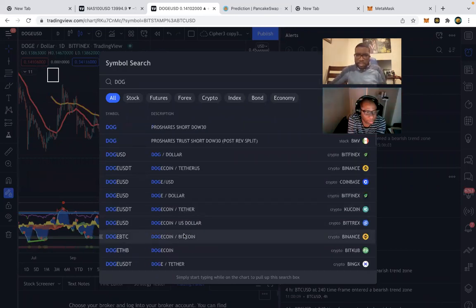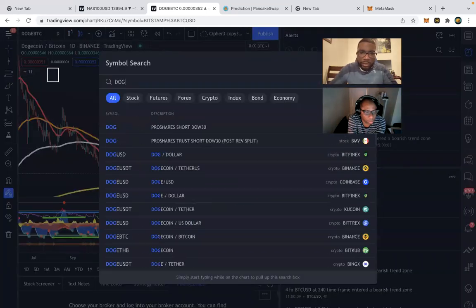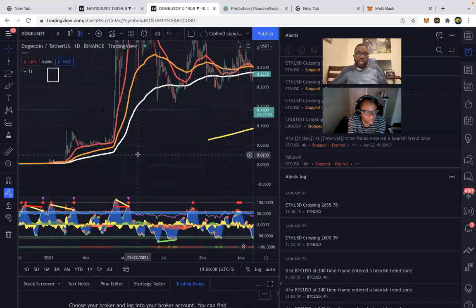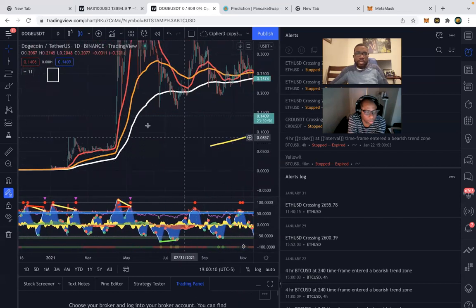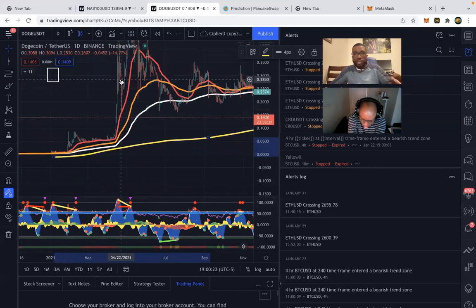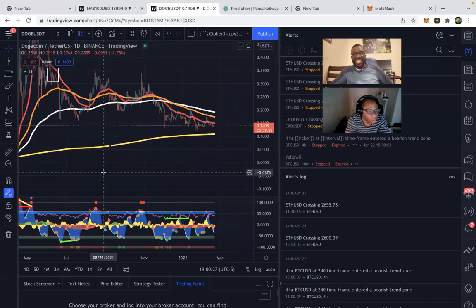There we go, this is a little better. You see the EMAs, and the news is telling you about Doge up here. Charts know before the news.